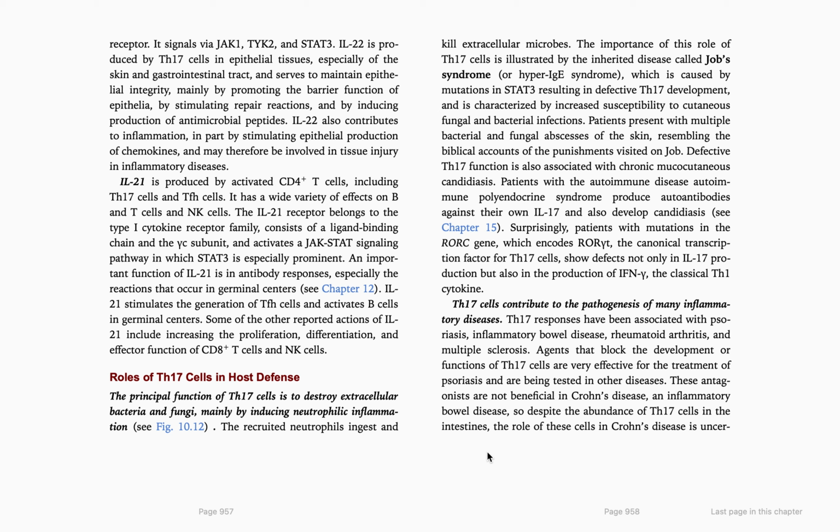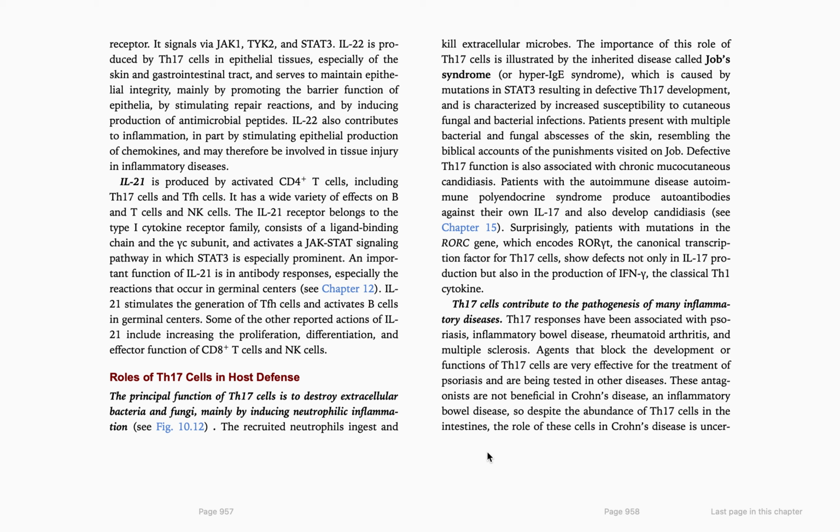The importance of this role of T helper 17 cells is illustrated by an inherited disease called Job syndrome, a hyper IgE syndrome, which is caused by mutation in STAT3, resulting in defective T helper 17 development, and is characterized by increased susceptibility to cutaneous fungal and bacterial infection. Patients present with multiple bacterial and fungal abscesses on the skin, resembling the biblical account of punishment visited on Job.